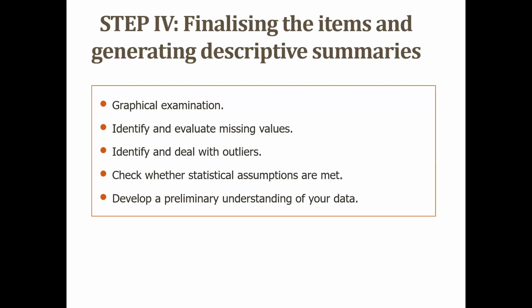If it violates, then you may have to look for a non-parametric alternative of the statistical tool you intended using. Sometimes there are ways of transforming or manipulating the variables such that you can use parametric analysis to achieve your goals.